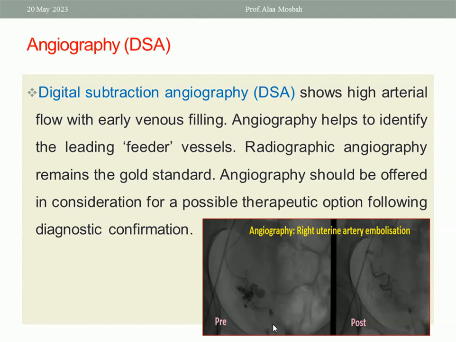So before you go to do angiography, because angiography is diagnostic and therapeutic also, you should counsel the patient that it is a diagnostic and a therapeutic tool, because I can do embolization to stop the bleeding by closure of this vessel.